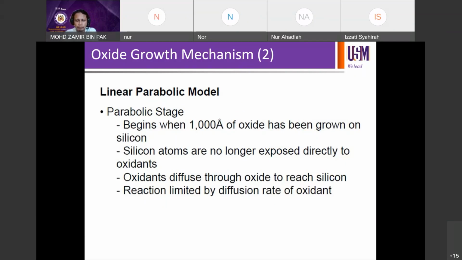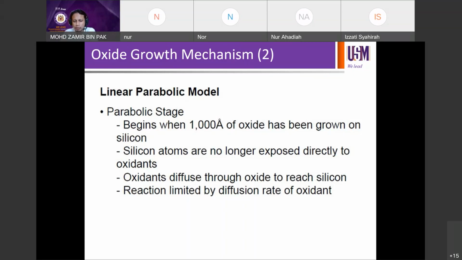In this stage, the silicon atoms are no longer exposed to the oxidant. Instead, for the oxidation process to continue, the oxidants need to diffuse through the existing silicon dioxide thickness to get to the silicon.